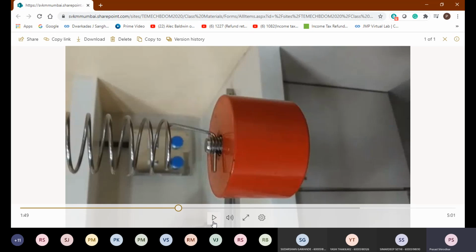In the video the mass might have 15 or 20 oscillations, but you don't have to measure the time for all of them. Find out the time for 10 oscillations and then divide that time by 10, that will give you the time for one oscillation. All right, is the procedure understood?